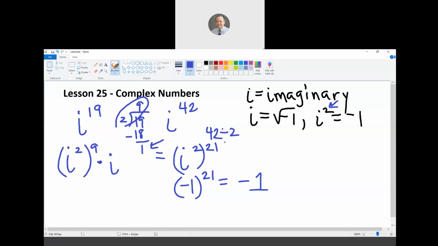Replace i squared with its value, -1. -1 to the 9th power is still -1, times our i. And our final answer is actually -i.